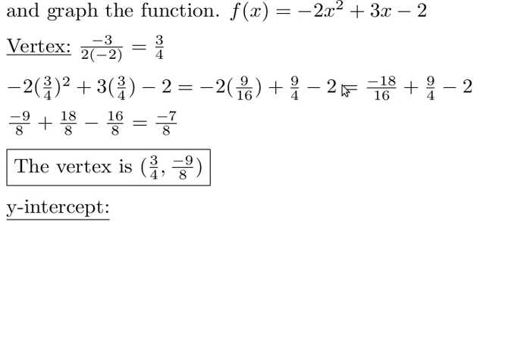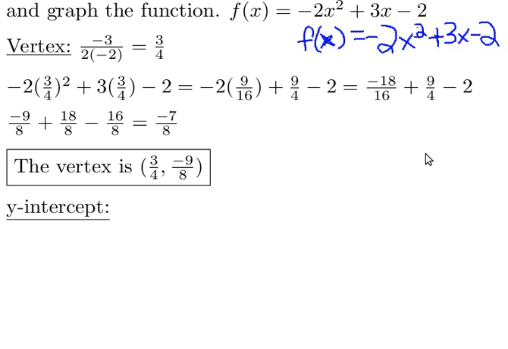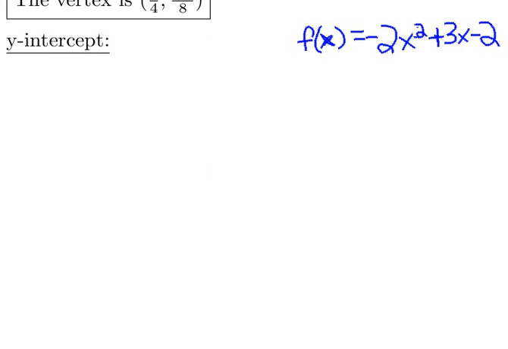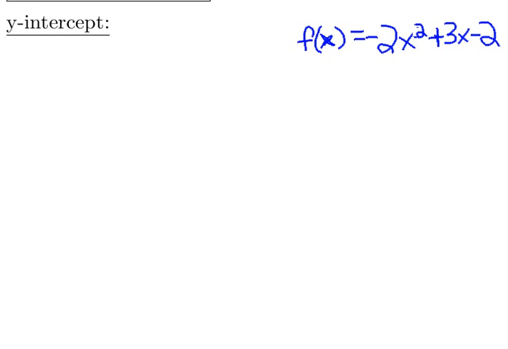Let's go on to the y-intercept, and I'm going to rewrite this just so that we always have it available. f of x equals -2x squared plus 3x minus 2. Okay, so now we have that available as long as I don't accidentally clear it. For the y-intercept, we want to replace the x with 0.